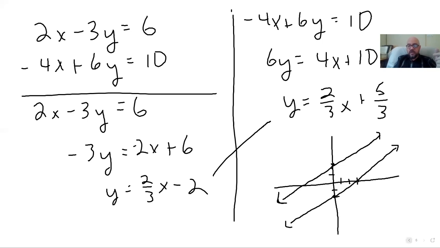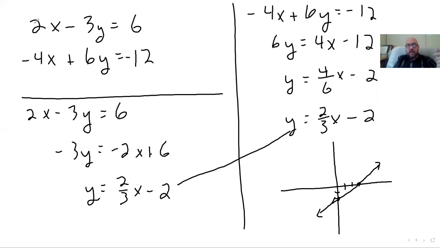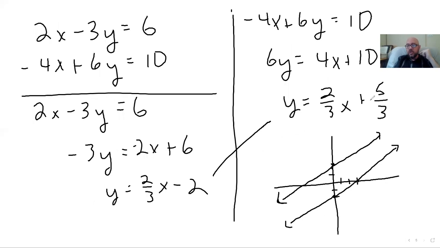Both have the same x and y ratio. The only difference is that the y-intercepts do match if you have an infinite number of solutions and don't match if you have no solutions.